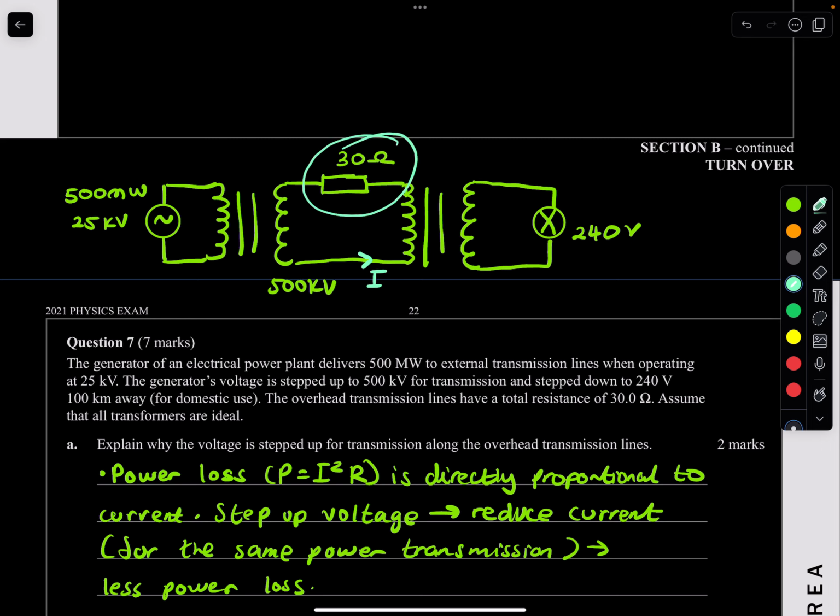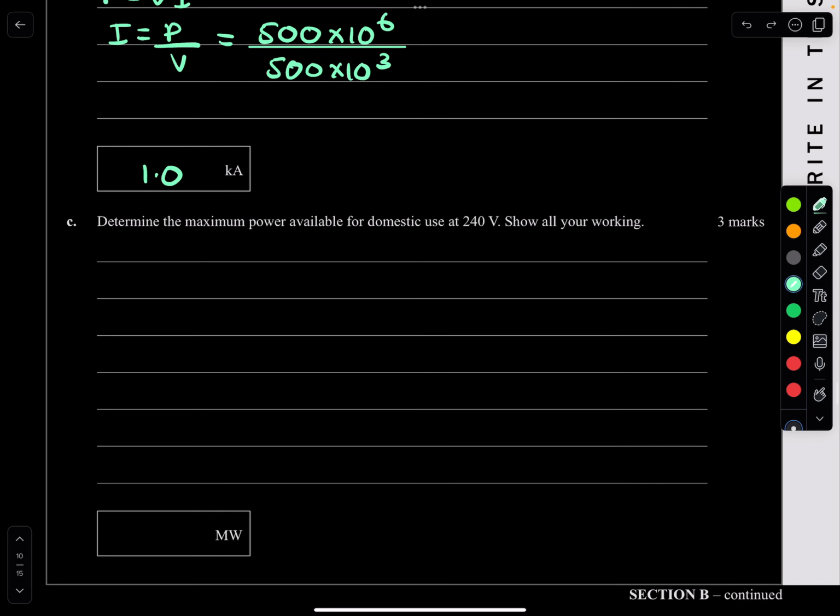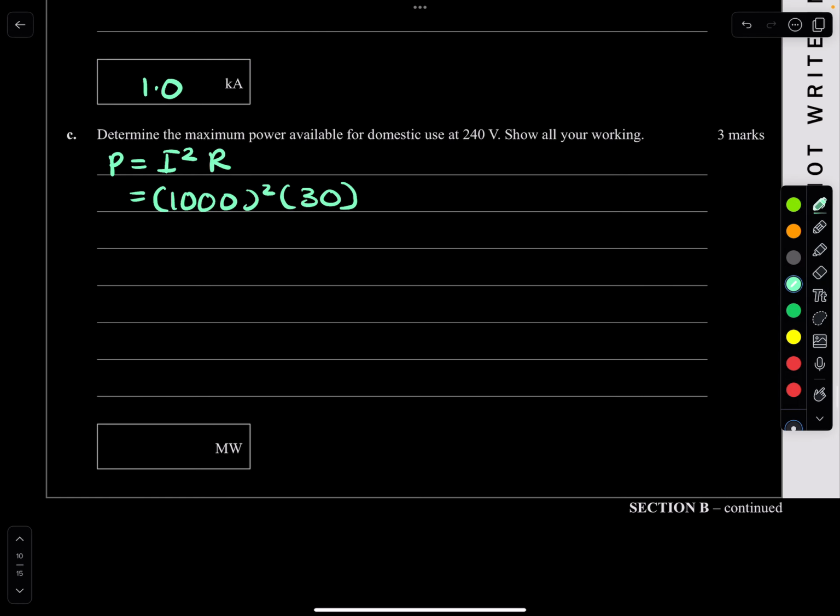But because there's going to be some power loss here, remember the current here is 1,000 amps. Let's find the power loss to the transmission line. Power loss, which is I squared R, is equal to 1,000 squared times your resistance, which is 30. Yep, 30. So this is how much we've lost.